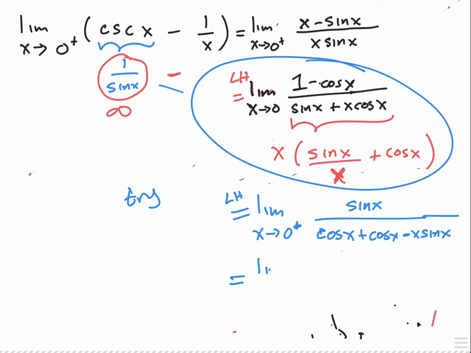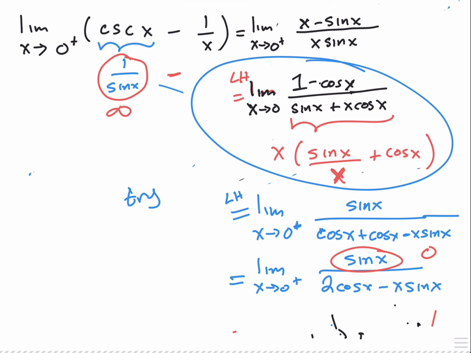But this actually works because what do I have here? I have sine of x on top. On the bottom, I have 2 cosine x, and then minus x sine x. Now this looks worse than what we started with, but it's actually not, because on top, this goes to 0, right? Sine 0 is 0. Now what is x sine of x? As x goes to 0, that's going to go to 0.